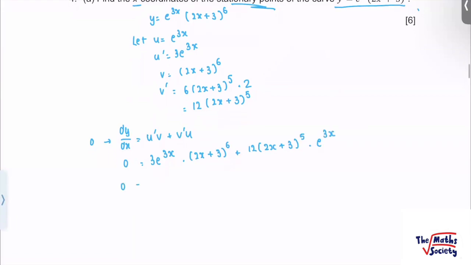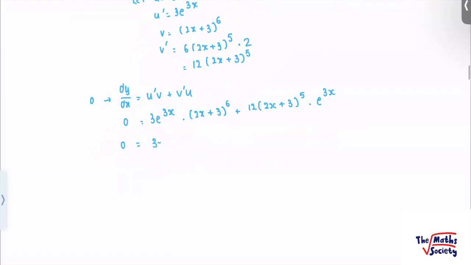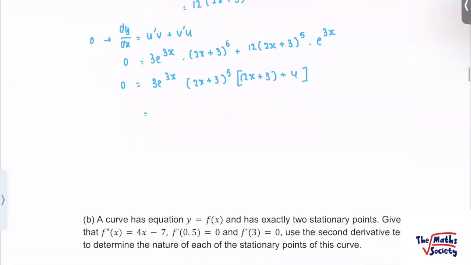And 0 is going to equal 3e power 3x (2x plus 3) the whole power 5, and this is going to be (2x plus 3) plus 4. So then you will have 3e power 3x (2x plus 3) the whole power 5, and then (2x plus 7).